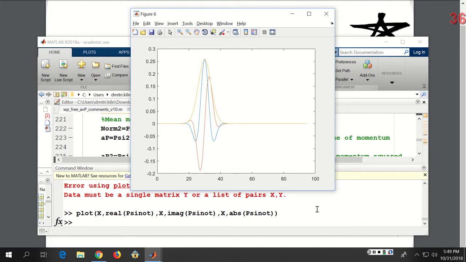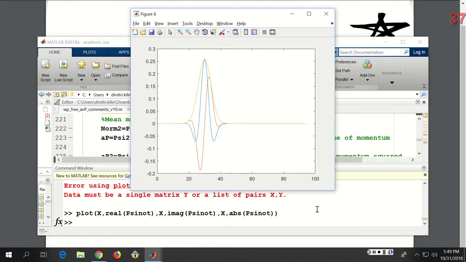When we try to visualize the wave function, it is sufficient to plot the real and imaginary part, but sometimes it could be confusing. It is more reasonable to provide an envelope function, which will be the absolute value, or real square plus imaginary square, square root.